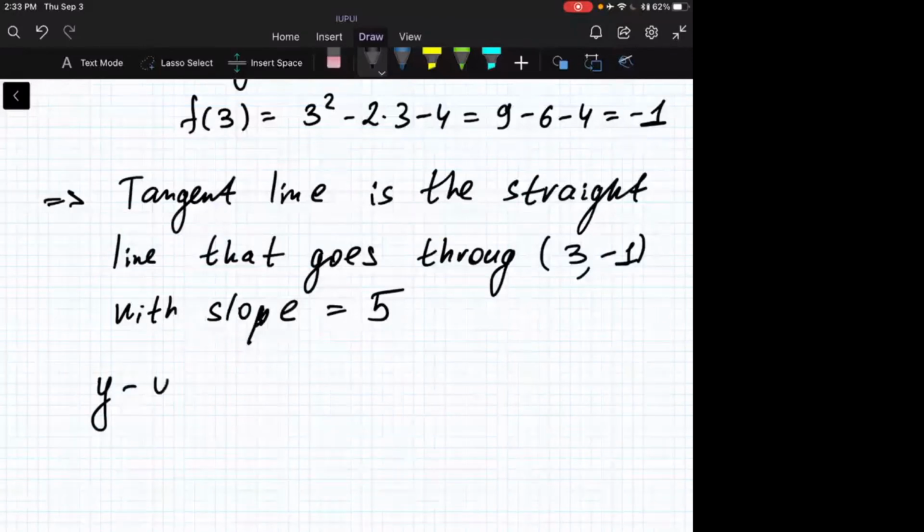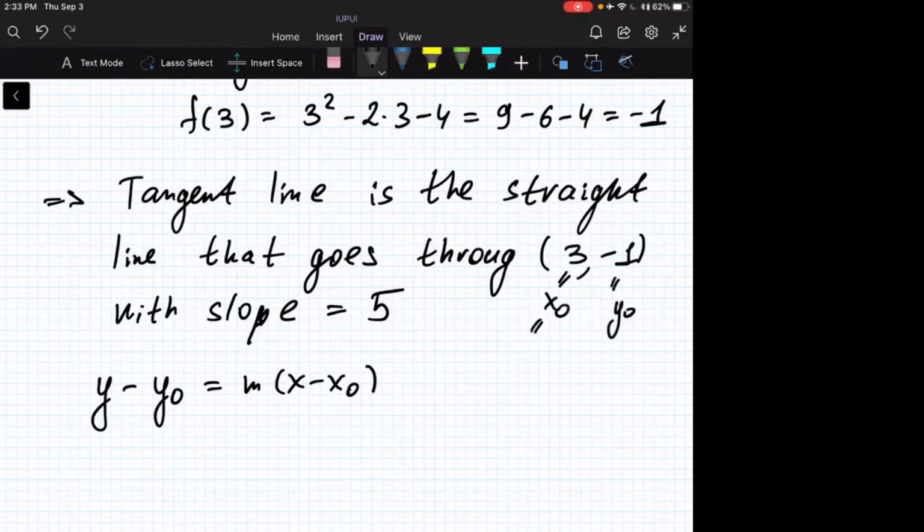So it's y minus y0 equals m times (x minus x0). This is my x0, this is my y0. By the coincidence, it's not coincidence, but f of x0.